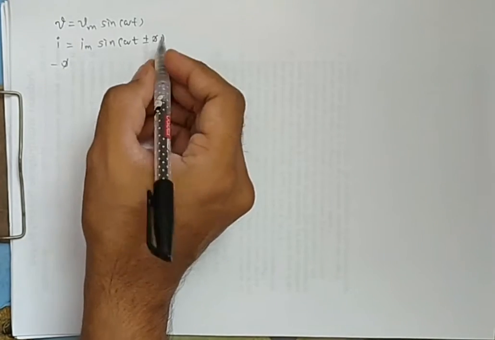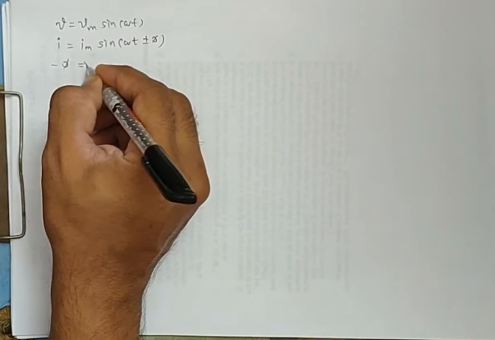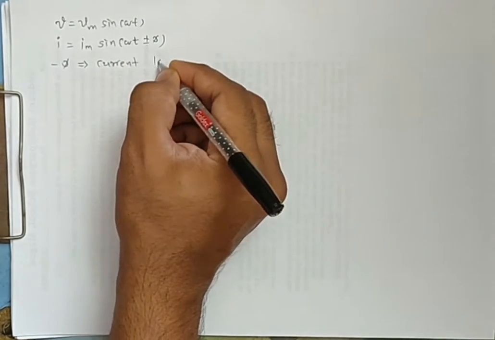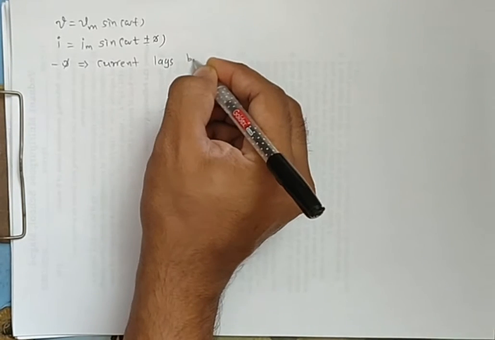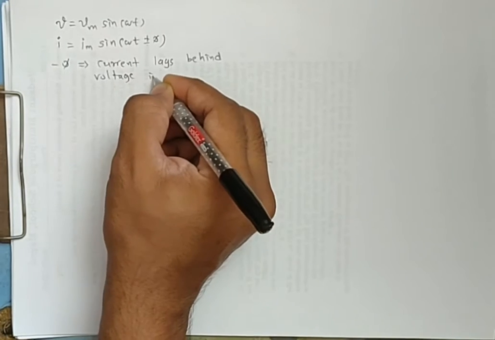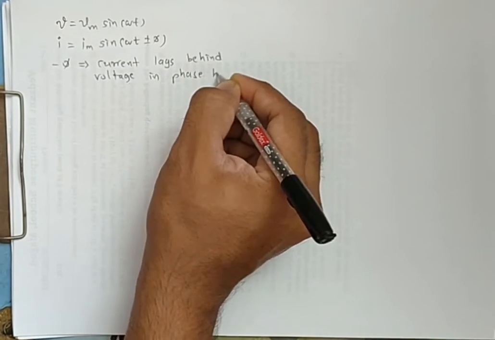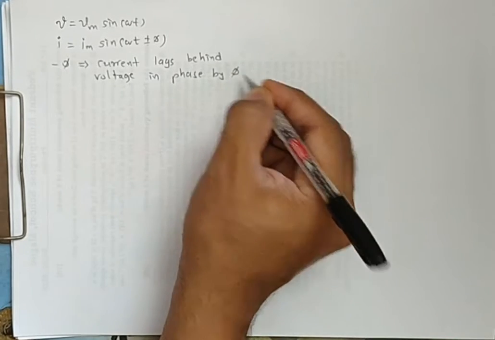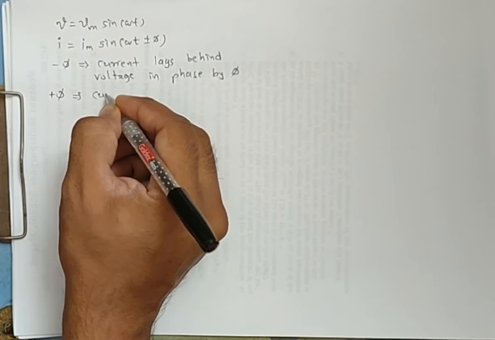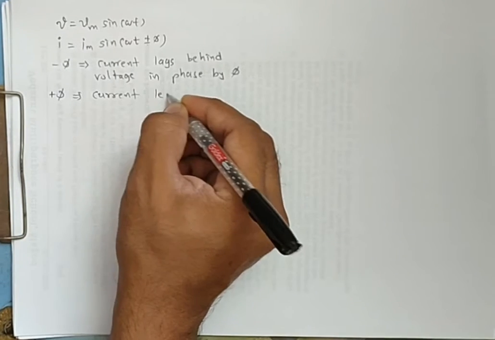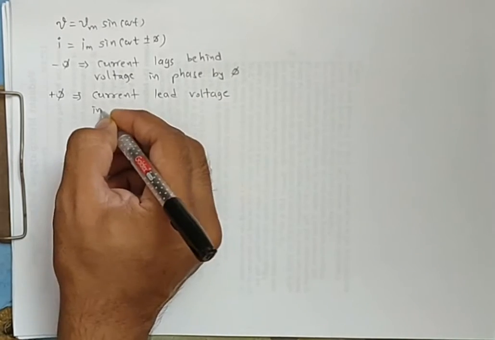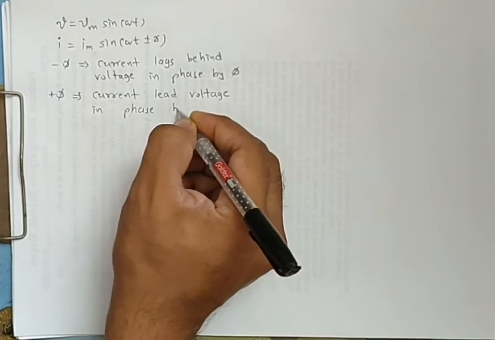If it is minus phi, then that indicates the current in the circuit lags behind this voltage in phase by an angle phi, and if it is plus phi, then this represents the current leads the voltage in phase by an angle phi.